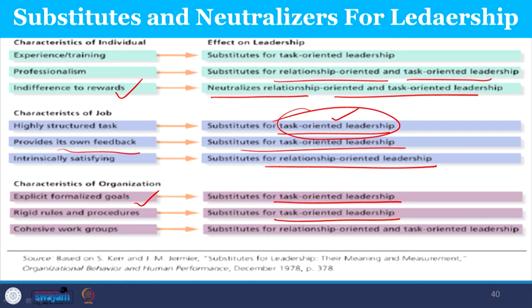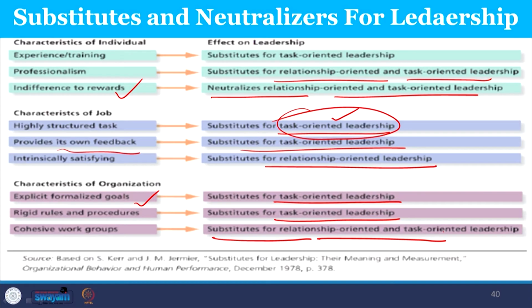Cohesive work group: when there is cohesion among the work group, that is a good understanding between the employees, when there is an effective relationship between the subordinates. Subordinates have a rapport, so the leader should not have relationship orientation.